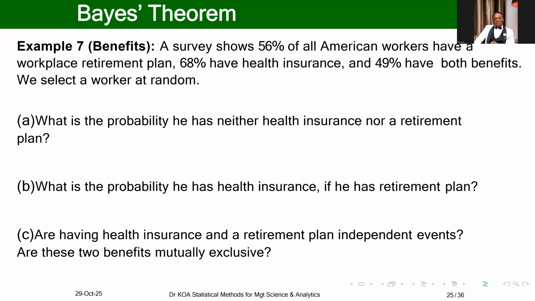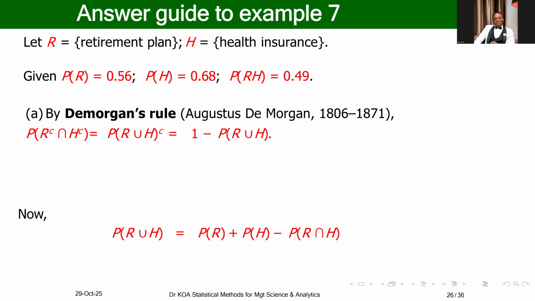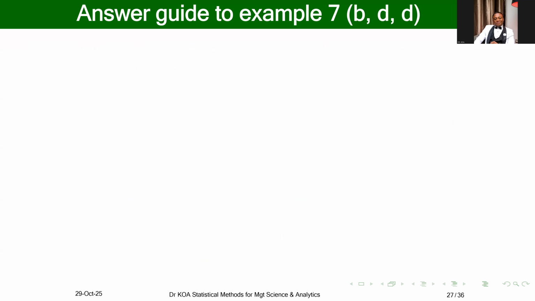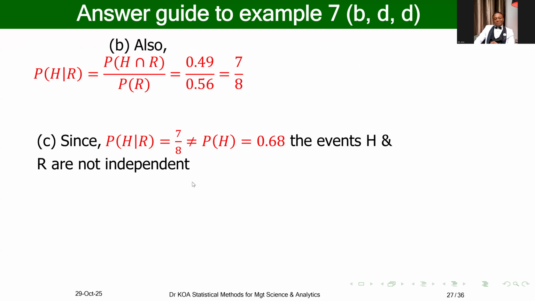The next question simply asks whether having health insurance and a retirement plan are independent. Again, we come to the same conclusion. Are they mutually exclusive? That's obvious. But let's look at whether they are independent. Because this has given us this value already, 7/8, the conditional probability.